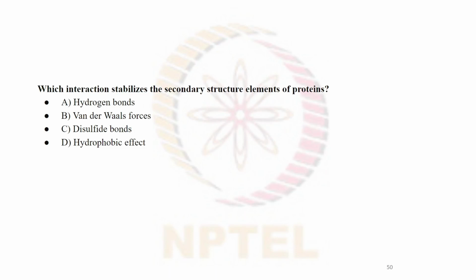Secondary structure elements. So what types of bonds do we generally see in secondary structure elements? If you know that, it would be easy to answer this question. The hydrogen bonds. So the answer is hydrogen bonds.